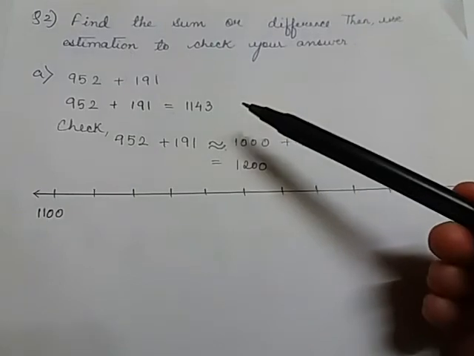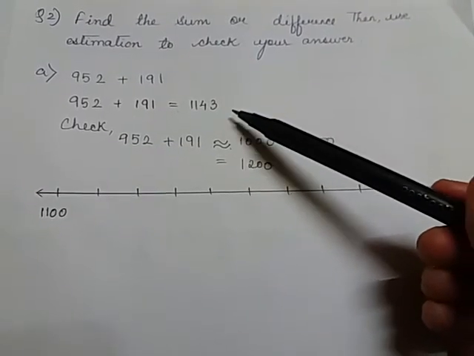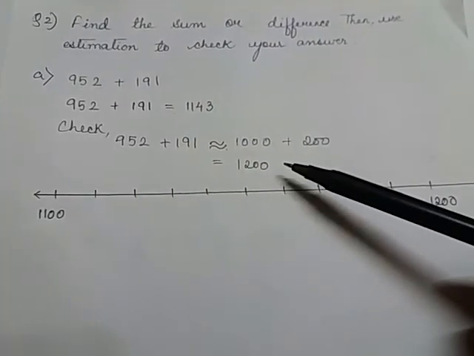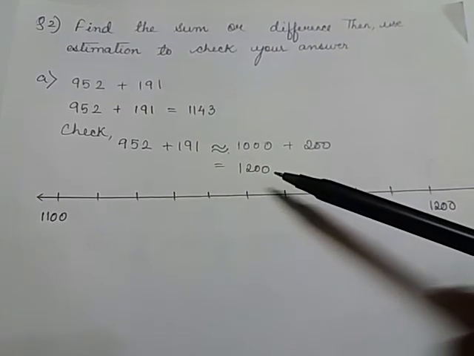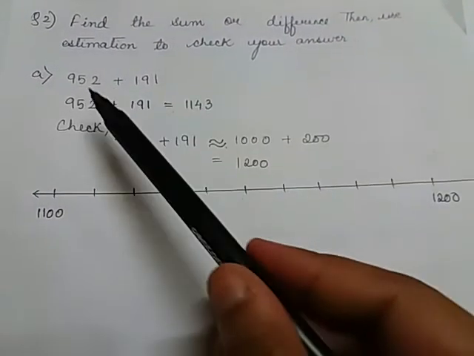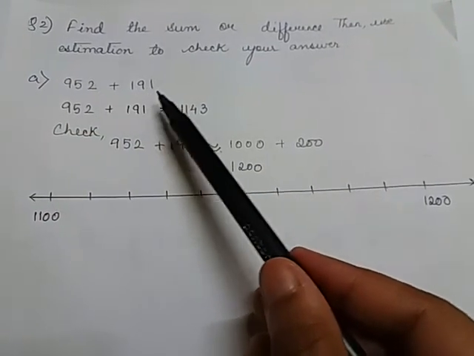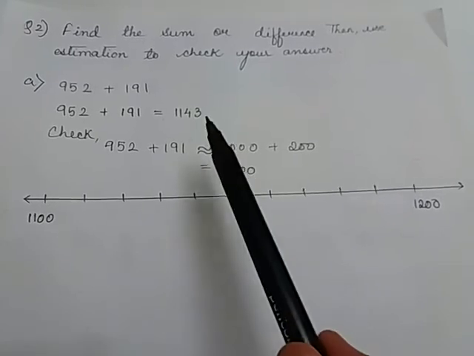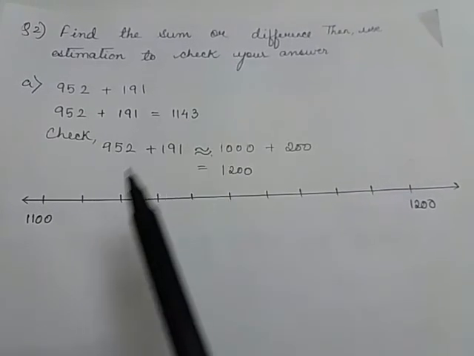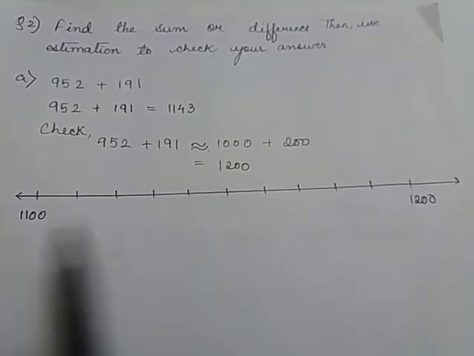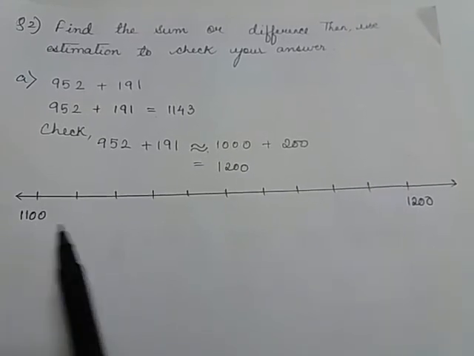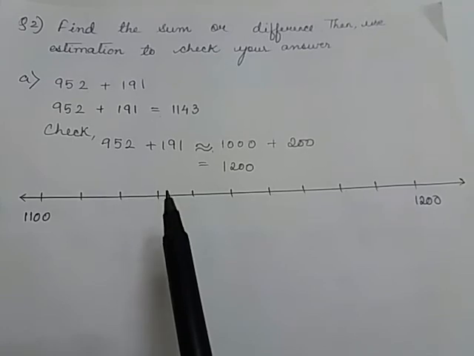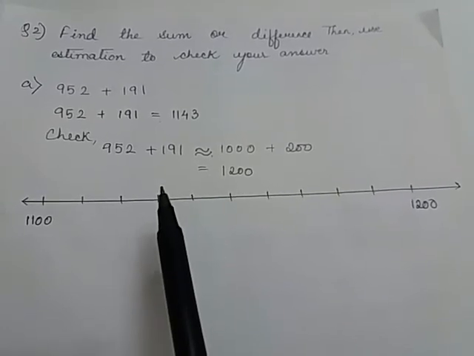Now children, as we can see, our actual sum is 1143 and our estimated sum is 1200, and we are dealing with 3-digit numbers here, so we will take our range as 100. So if the actual number falls inside this range of 100, we will consider our answer as reasonable, right?